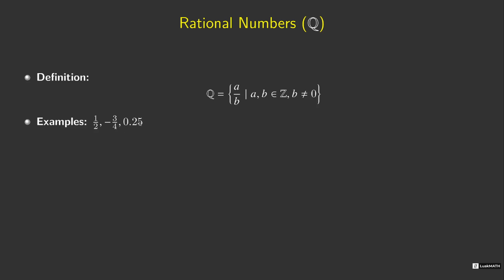What is not immediately obvious is 0.25, but looking down here, we can convert it from a decimal to a fraction, 25 over 100, and then we can simplify it to 1/4. And indeed 1/4 is a fraction because 1 and 4 are integers.